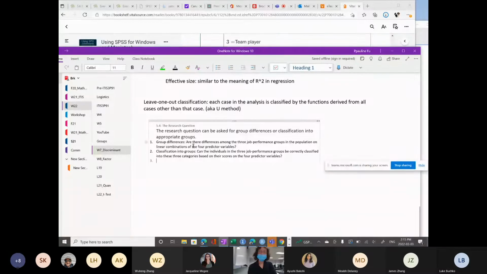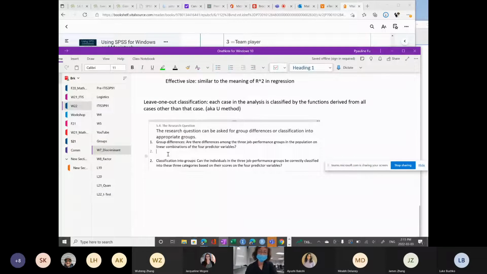Are there differences among the 3 groups on the 4 predictor variables? How do you answer this question? The answer is yes.